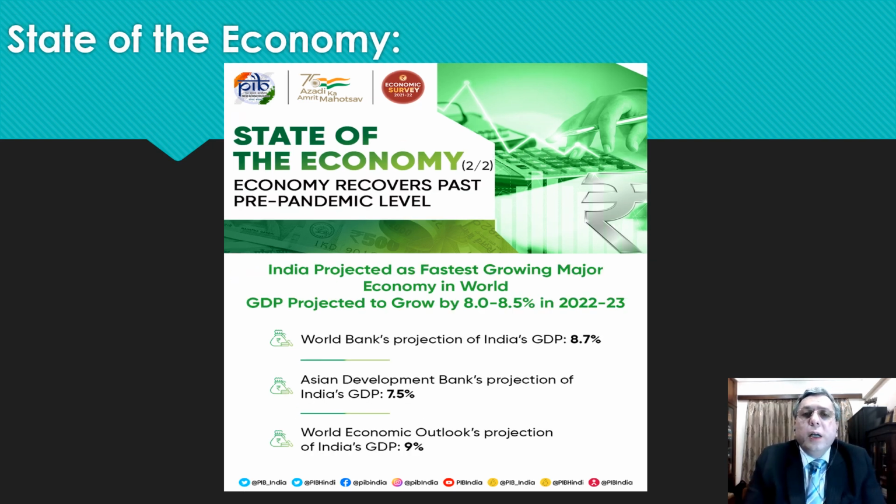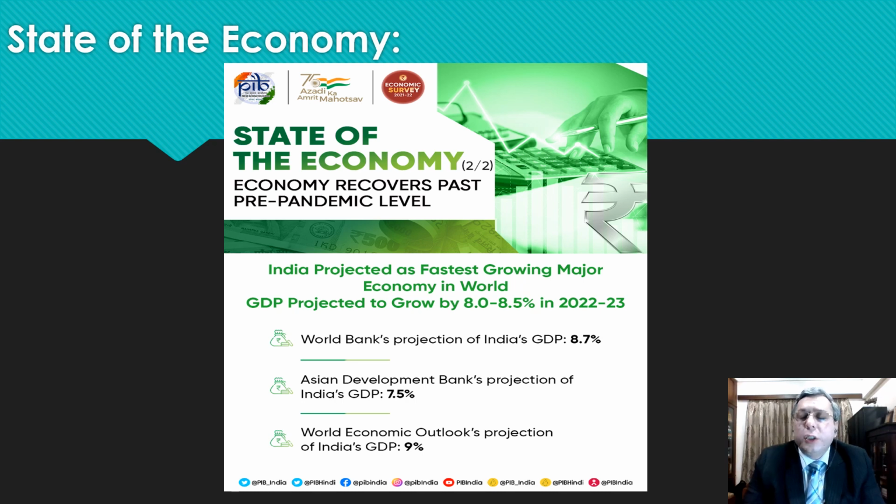Going forward, as the economy recovers past the pre-pandemic level, India is projected as the fastest growing major economy in the world. GDP is projected to grow by 8 to 8.5% in the next year, financial year 2023. The World Bank projection is about 8.7%.